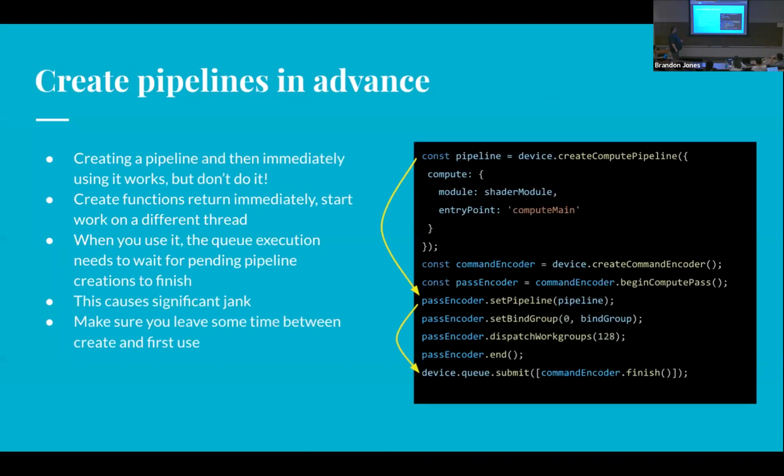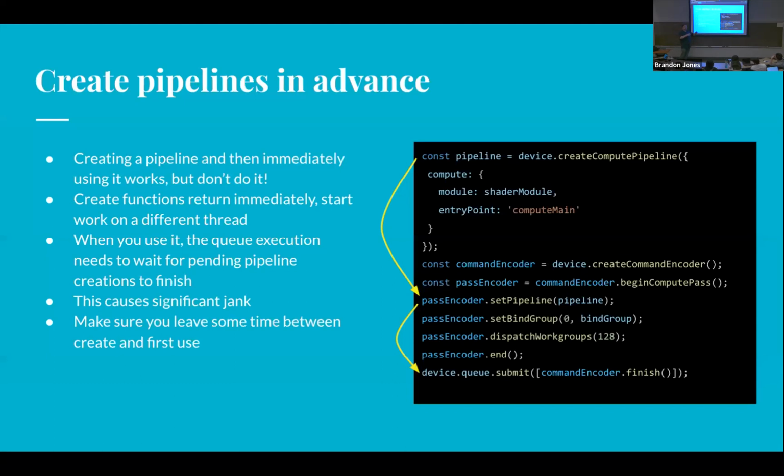The next thing that I'll say about pipelines is you want to create them in advance. This is something that I've seen bite multiple teams already in just their exploratory WebGPU work. So what happens here is if I create a pipeline and then I immediately turn around and use the pipeline as part of a submit, this will actually work. It will do the right thing.